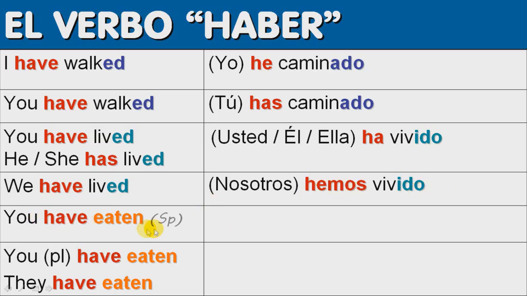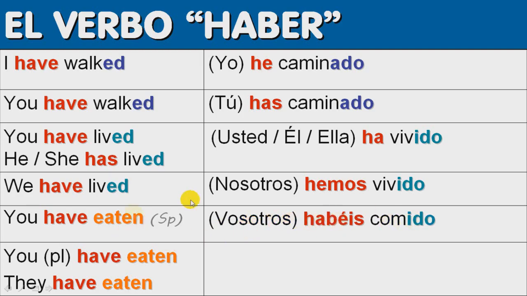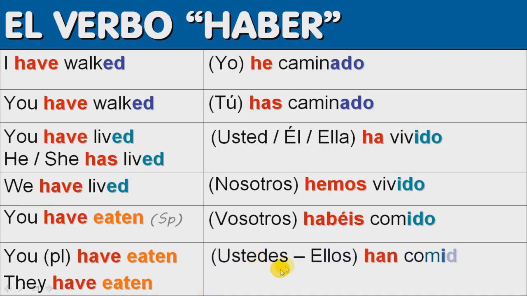You have eaten. Vosotros habéis comido. This is the form used in Spain. Comer is an ER verb, so these type of verbs, ER verbs, drop the ER and they also add ido. You have eaten, they have eaten, this is the plural you. Ustedes o ellos han comido.